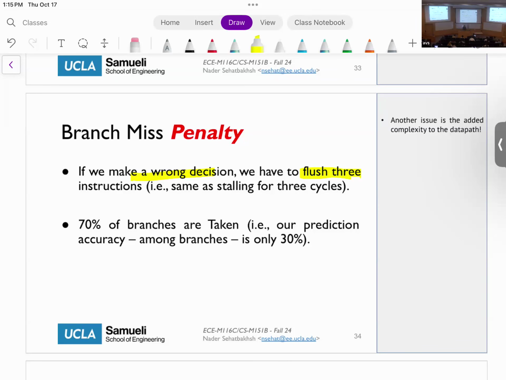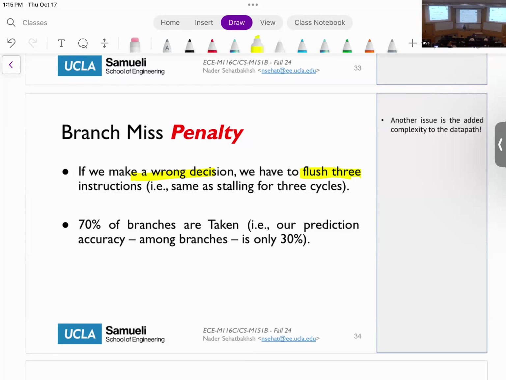So in other words, the penalty for misprediction is 3 extra cycles of stalls, because although you execute some instructions, those instructions are wasted. You need to get rid of them. So as if you would just run the no-ops from the beginning. It's actually even worse because now you spend a little bit more power switching other things. But in terms of actual performance, the miss penalty is exactly the same as if you had stalled the processor.